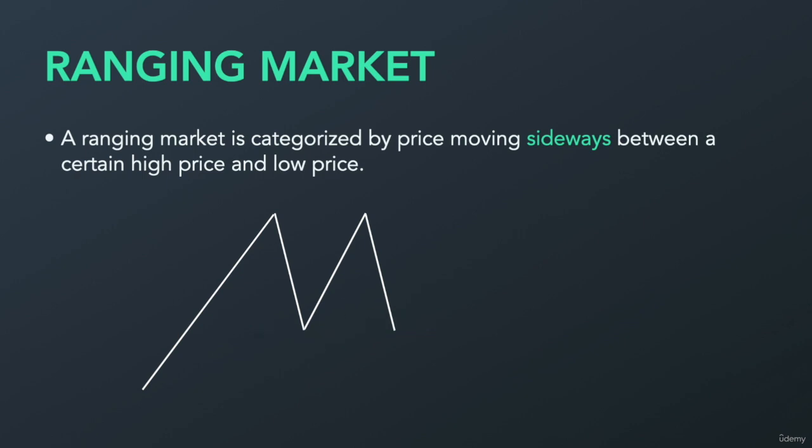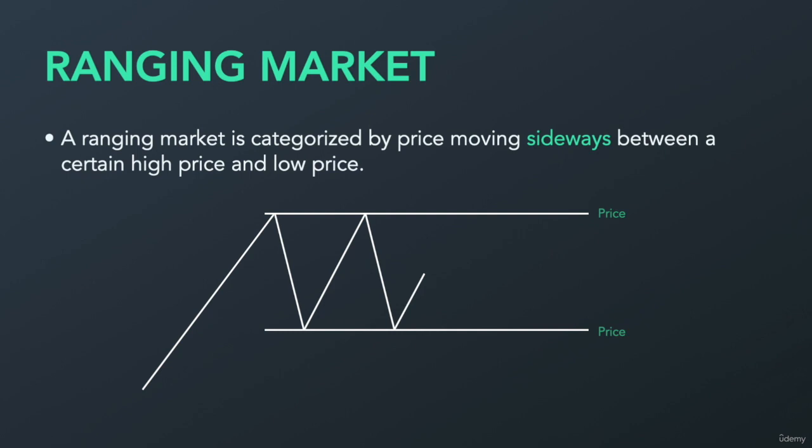All right. So, once price rejected this level, at this point, we can now assume that we are in a sideways or ranging market. So it is already confined within a certain price range.